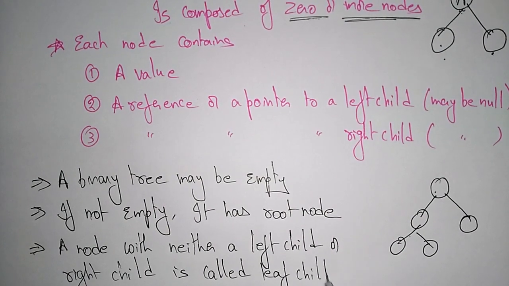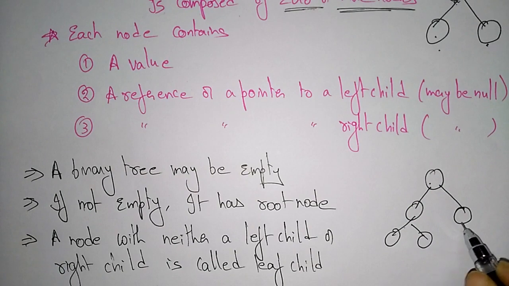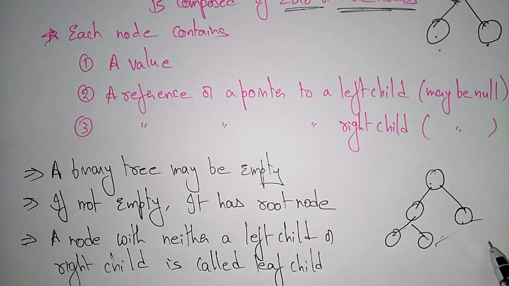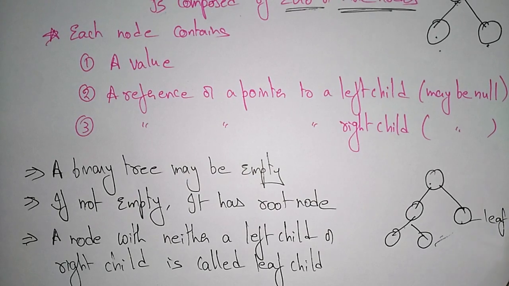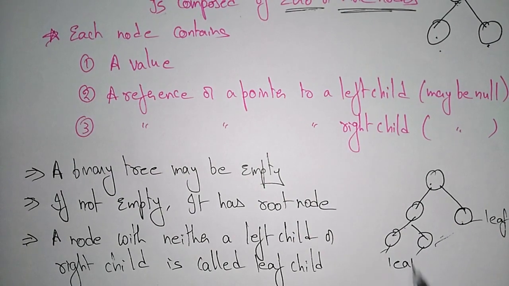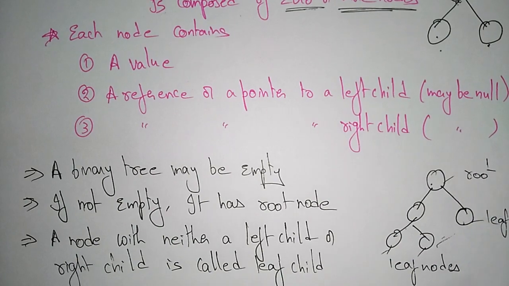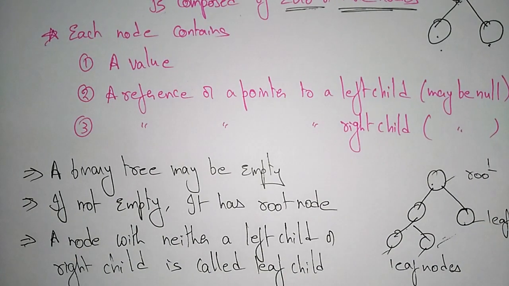That means if any node has no left and no right, then you call it a leaf node. Here there is no left child and no right child, so this is a leaf node. And here also there is no left child and no right child, so these are also leaf nodes. And this is a root node.